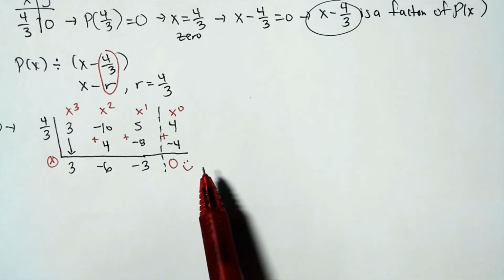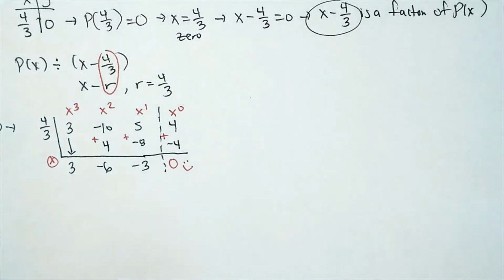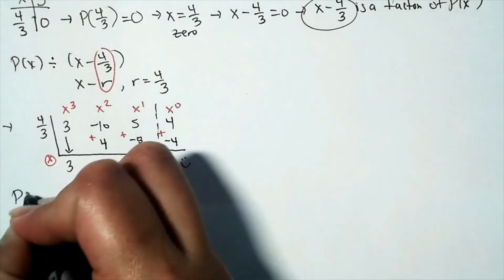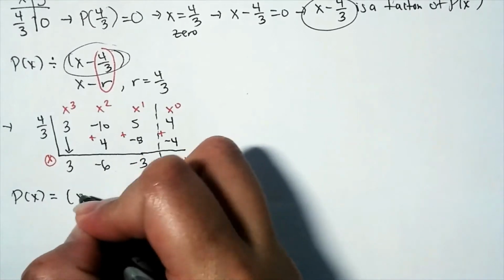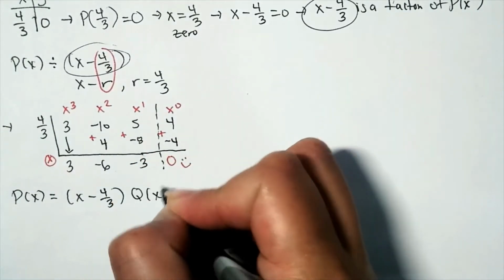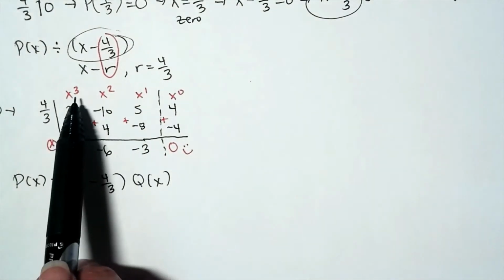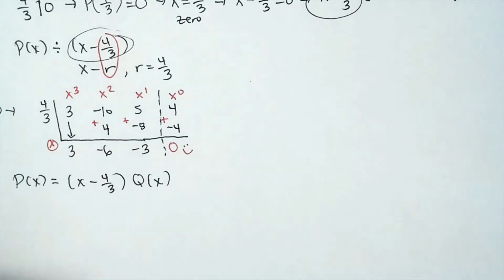Okay, so let's go ahead and begin to write this polynomial in factored form. We have the polynomial that we divided by x minus 4/3, and we're going to multiply it by the resulting quotient. Since we divided into a degree 3 polynomial, the degree of our quotient should be degree 2.